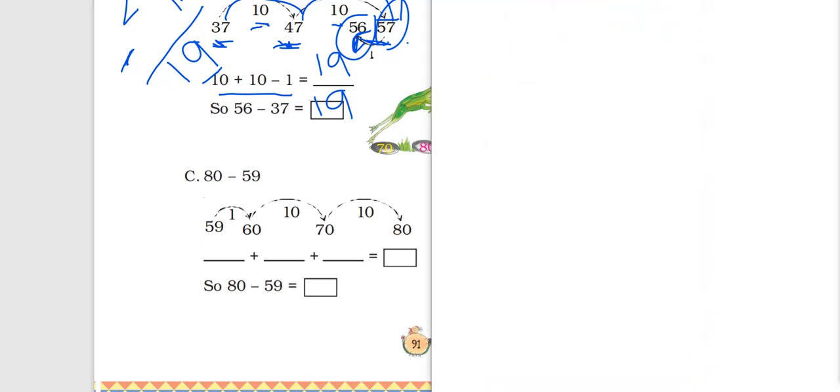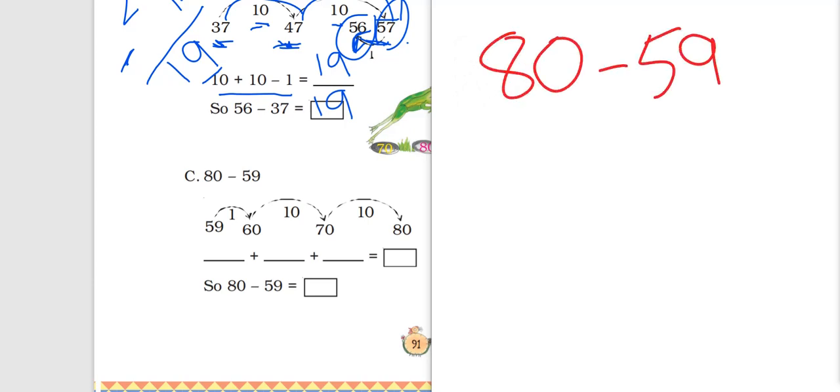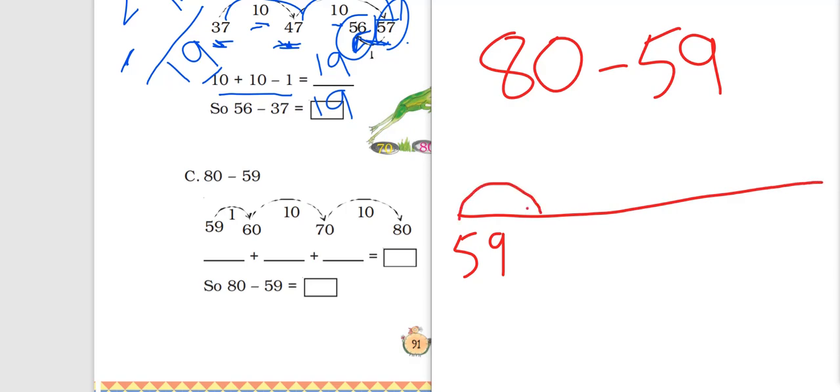and let's solve them. We have 80 minus 59. So let's start at 59. And first, let's take one jump to the right. So that is plus 1.